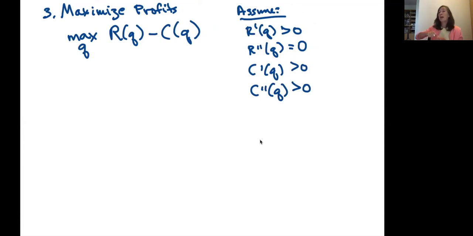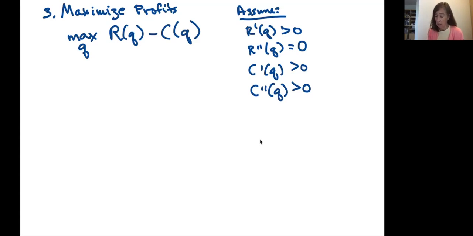Then as I try to increase my quantity, I'm having to bring in maybe workers who aren't as good, or use raw materials that aren't as good. So I'm having to pay more to get the same amount of quantity produced. As we talked about a little bit in the workshop for Unit 5, that's a pretty standard assumption. Not saying it's across the board true, but in the simplest model of how firms make their quantity choices, we usually do assume increasing marginal costs.